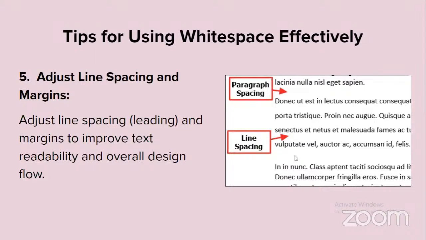So this is another paragraph spacing. It also makes your work look okay, separating one content from the other. Understand? With paragraph spacing and line spacing, your work is easier to read by adding leading to your design, and it improves text readability and overall design flow.